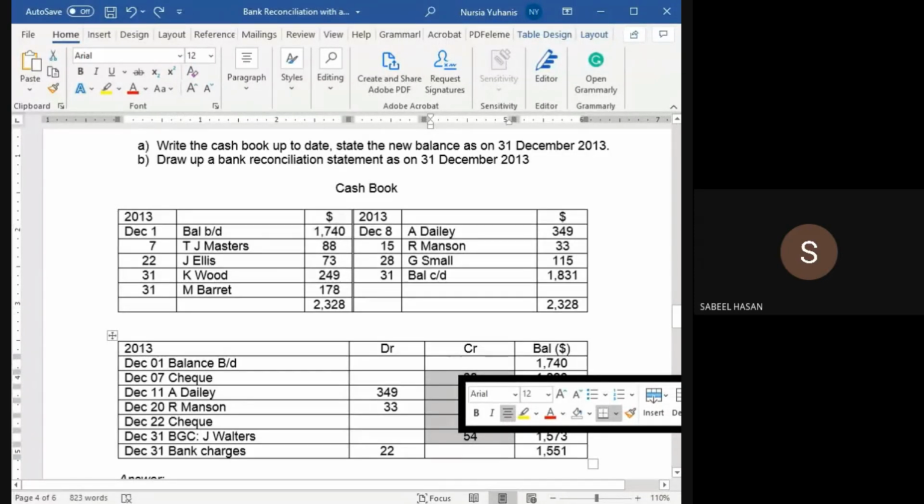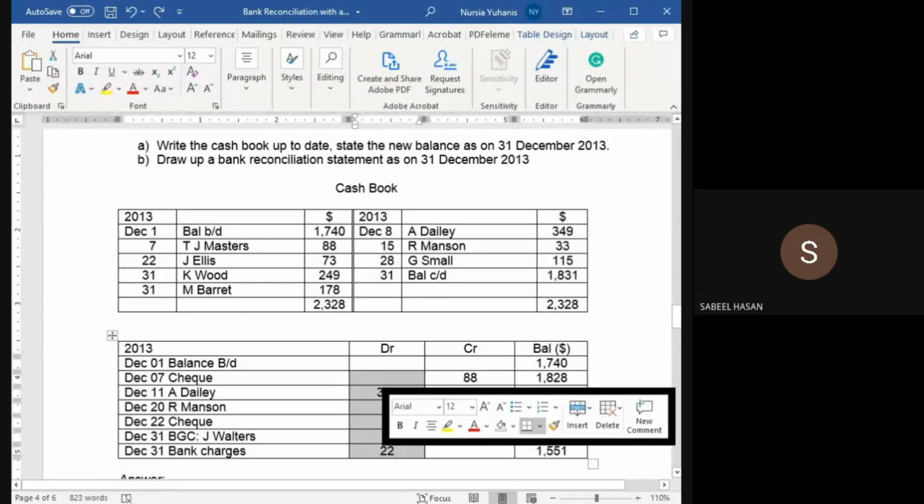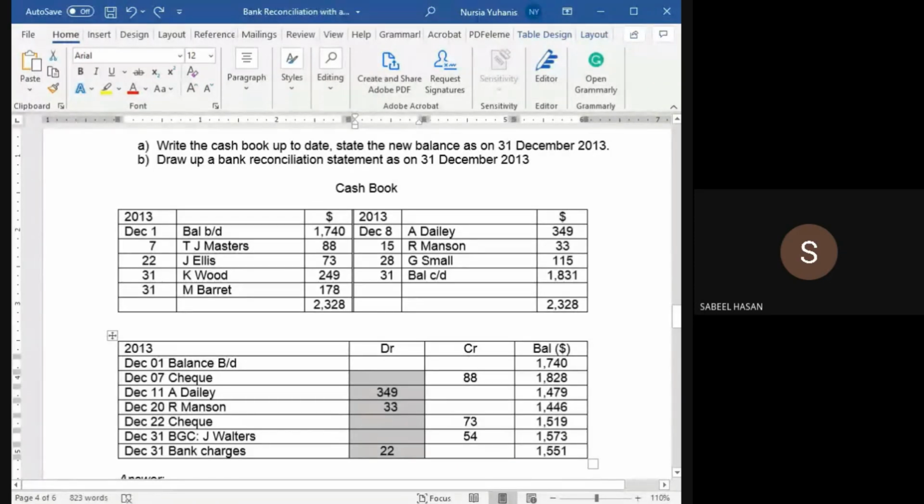If it's not there, you mark. Then you compare the credit side of the cash book with the debit side of the bank statement. If it's there, you tick. If it's not there, you highlight or mark. Then this item will appear as unpresented or uncredited, and normally it's the BGC and bank charges.